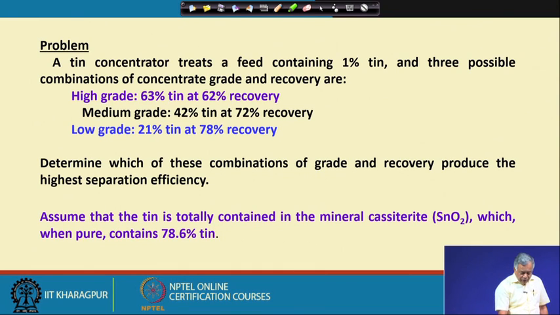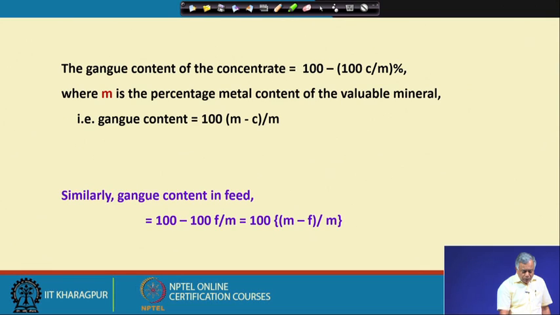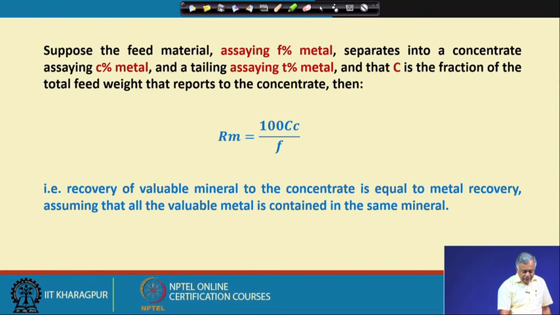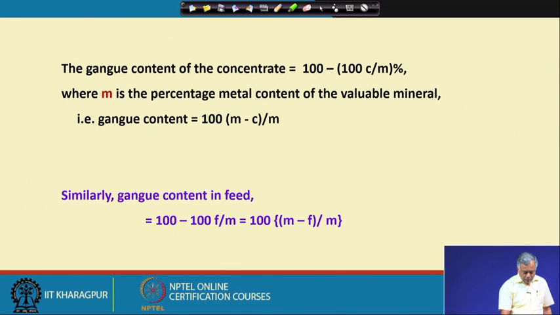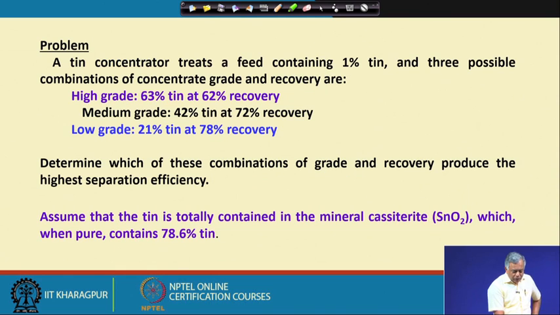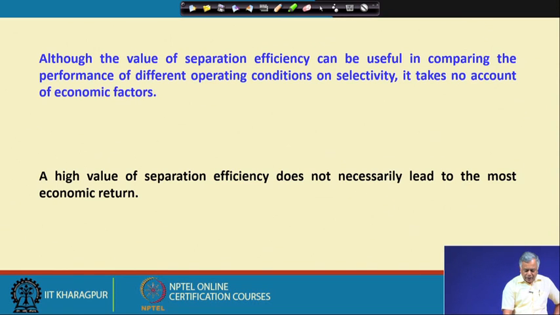So, friends, this is what we should do. That is why we are summarizing: it does not talk about the economic efficiency, it only talks about the metallurgical efficiency, and these operating conditions will only tell you about the selectivity of the processes, whether that chemical has really worked or not, whether we need to add that chemical or not, or whether that new process is really looking promising or not.